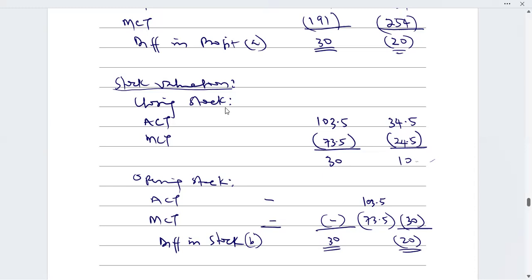So I think what she's driving at is the ACT there is 103.5, which is positive, and it is higher than the MCT, which is 73.5. The difference is 30. Look at this, plus 30. Hold on, you minus that 30 later.